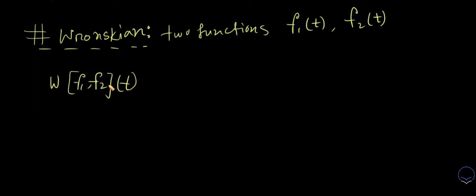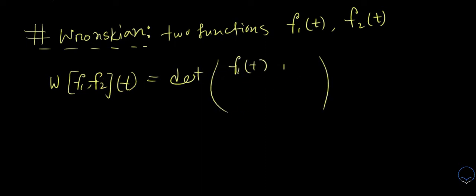This t over here means the Wronskian is dependent on t, and this is just the determinant of the matrix with rows f1 of t, f2 of t, and f1 prime, that means the first derivative, and then f2 prime. This is equal to the determinant of this thing.